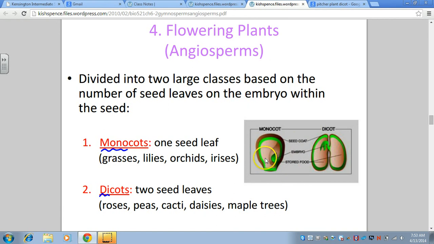Examples of monocots include grasses, lilies, orchids and irises, and dicots include roses, peas, cacti, daisies, maple trees, a lot of different ones. But there are other things that you can use, because we're not always going to be able to see the embryo. Other features can help us figure out if a plant is a monocot or a dicot.